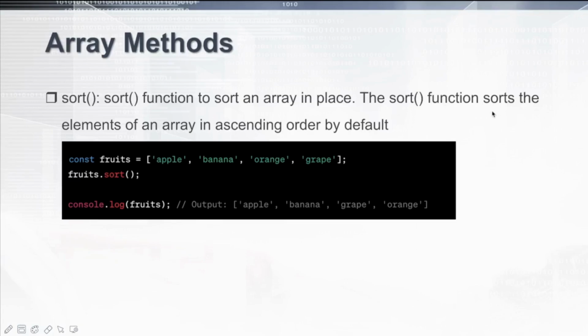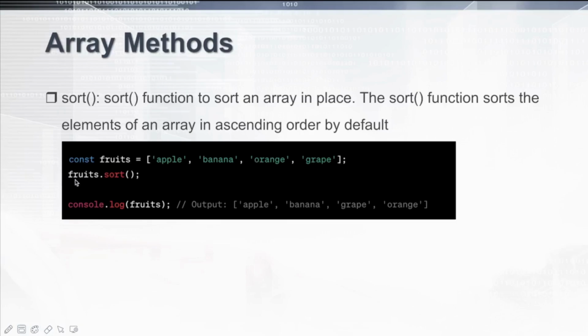So the sort function sorts the elements of an array in ascending order by default. So that's the default arrangement. Let's see how this works. In this example, we have an array of fruits: apple, banana, orange, and grape.